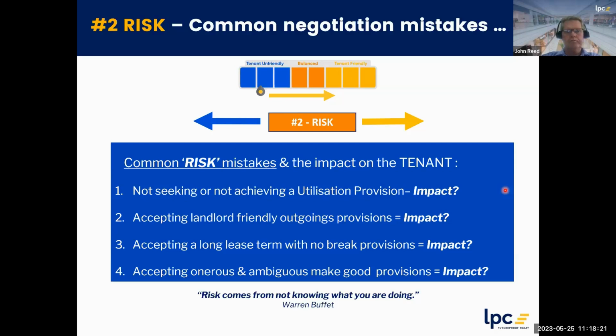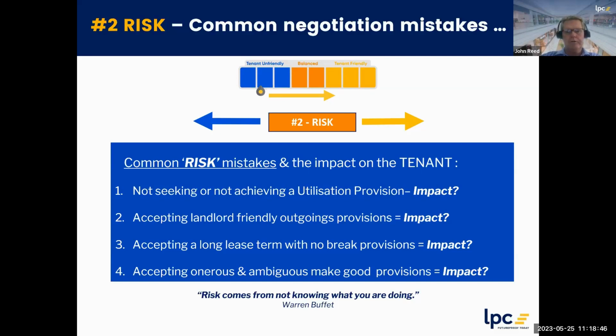And then fourthly, accepting onerous or ambiguous make good provisions. Ambiguity tends to favor the landlord, and the landing point is not a good one for a tenant. So that's ambiguity. And then onerous make good has two aspects to it. It's the time.